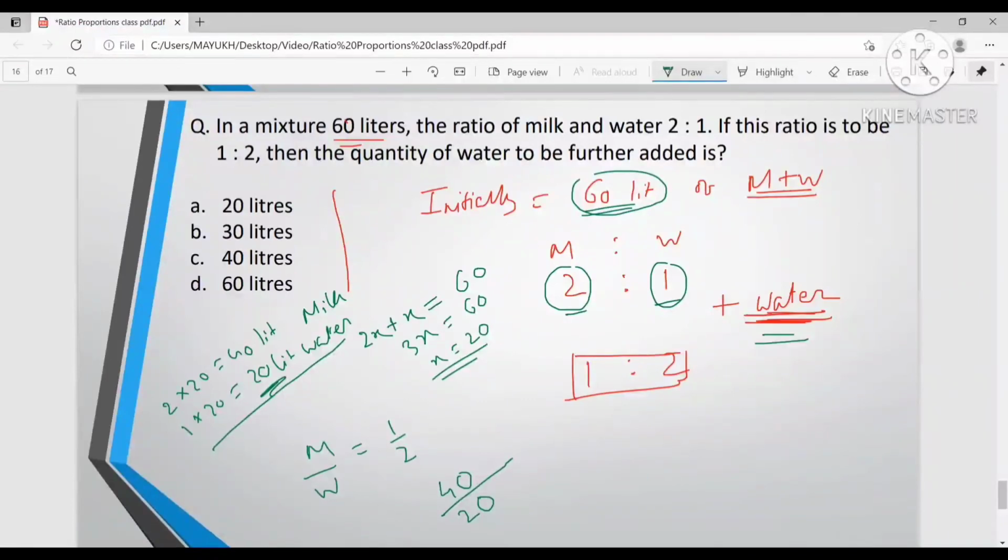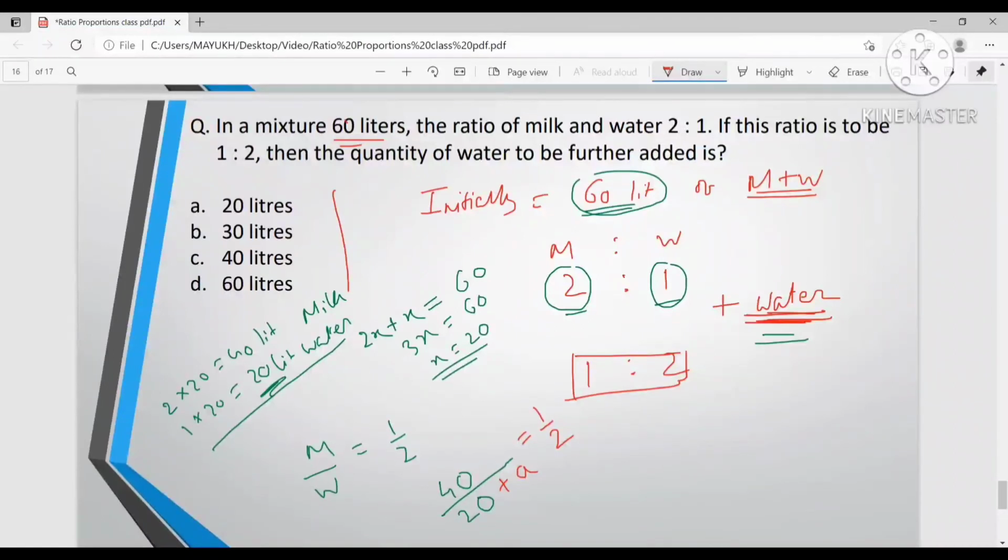Then this fellow added some amount of water, which I don't know. This is what I have to find out. This resulted in the ratio changing to 1 by 2. From 2 by 1, it became 1 by 2. Why? Because water was added.